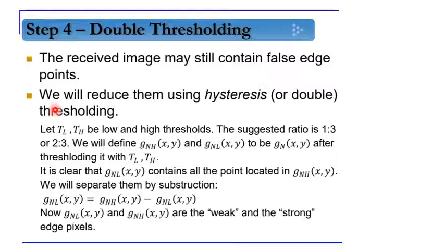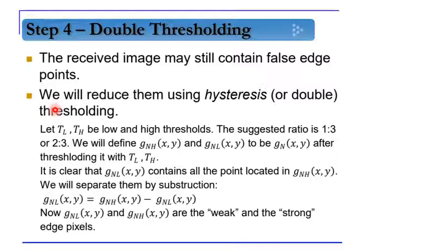Why is hysteresis threshold, the double threshold, taken? If I take only the low threshold value, what will happen? The false positive edges will also come into the picture. And if I take only a higher threshold, only false negatives will appear. What does it mean?